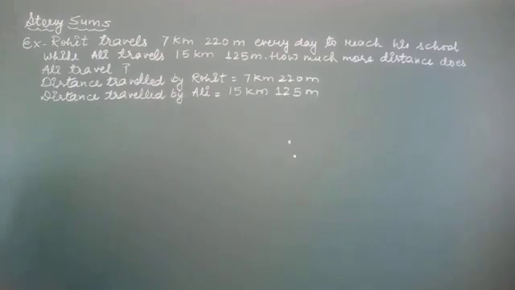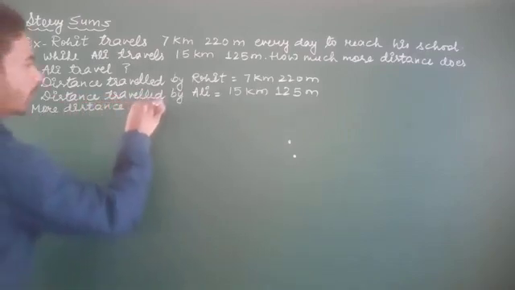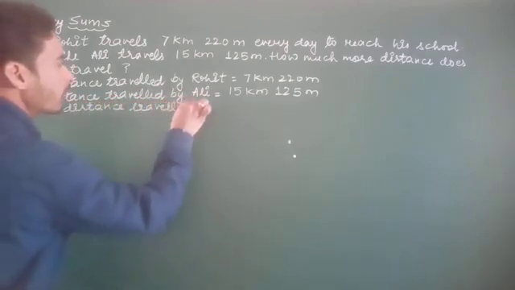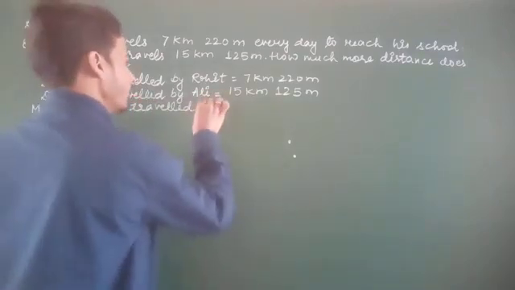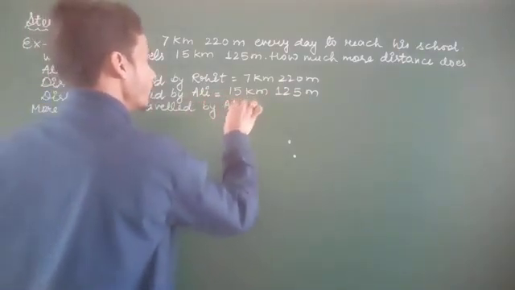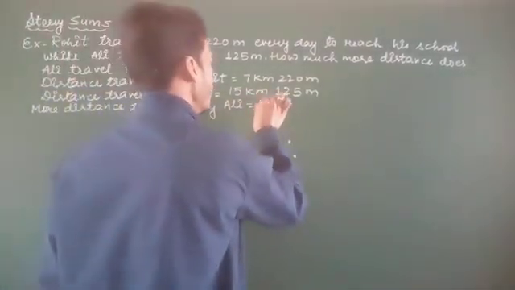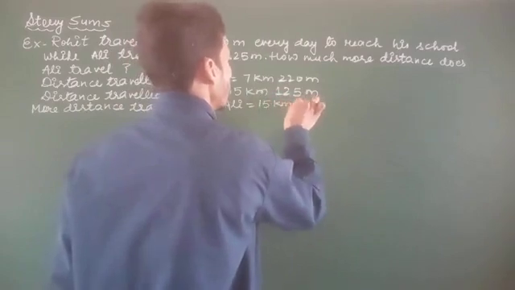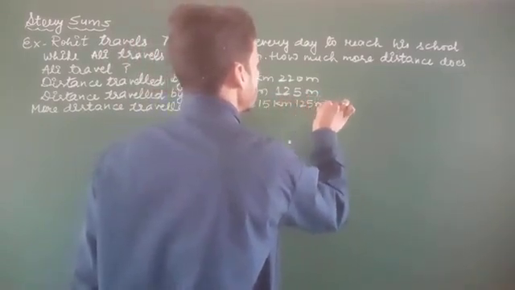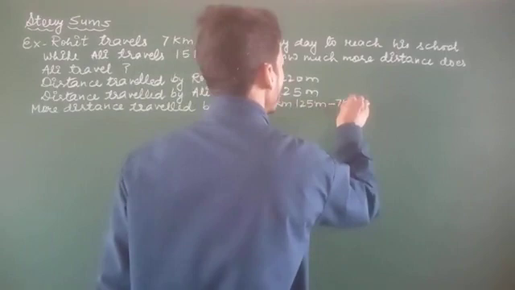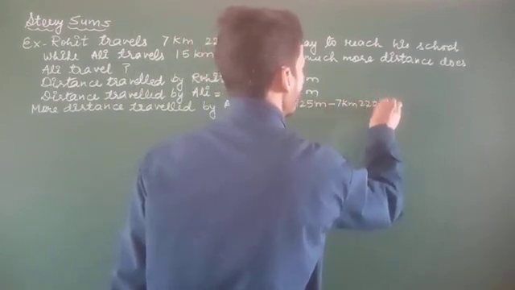Okay, and now more distance traveled by Ali is equal to 15 kilometer 125 meter minus 7 kilometer 220 meter.